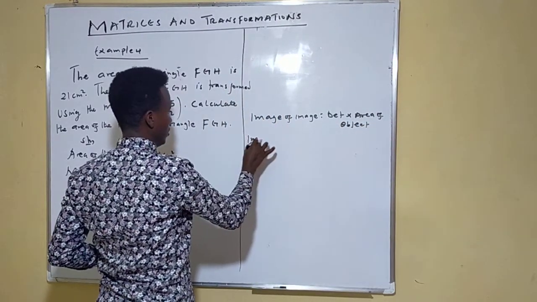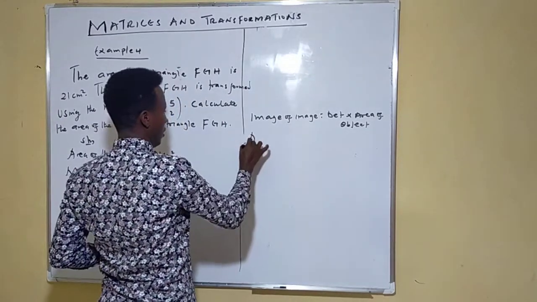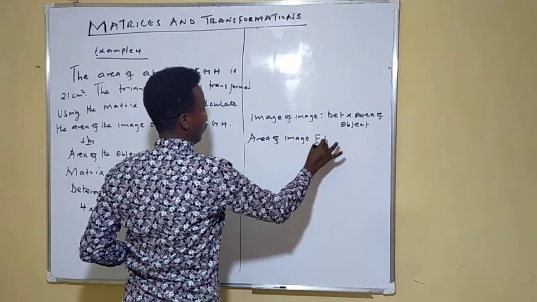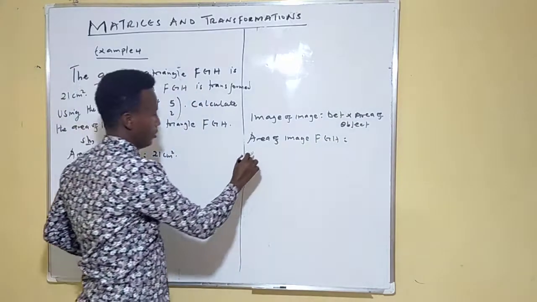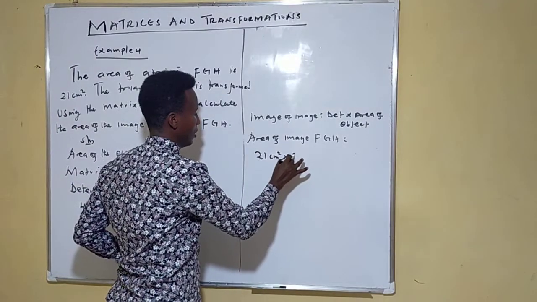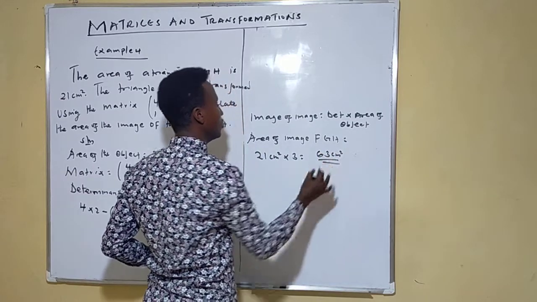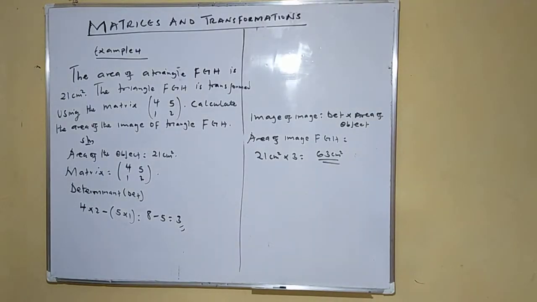So we can say area of image FGH is equal to our object area, 21 centimeters squared, times that determinant. So that would give me 63 centimeter squared. That is the final answer for your question. Just understand that, okay? That's how you're going to get the area.